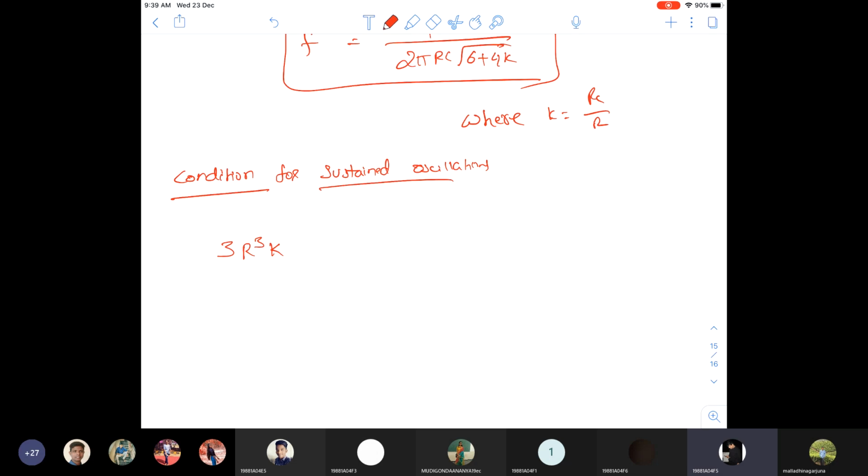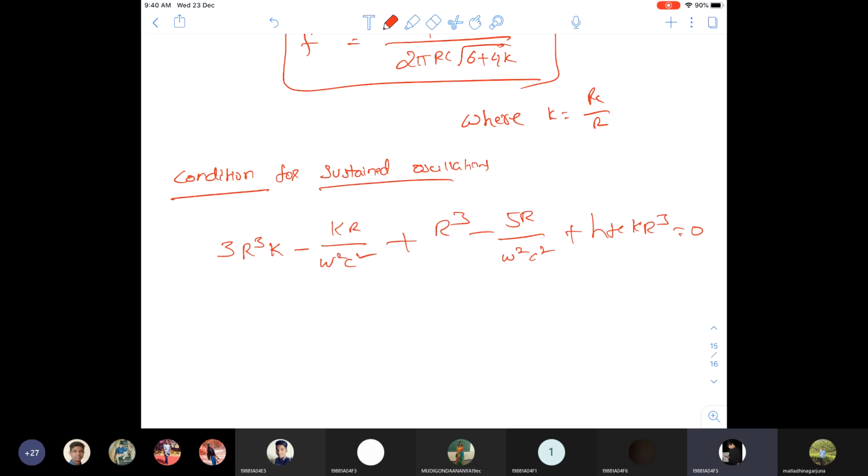Equation. 3r cube k minus kr by omega square c square, plus r cube, minus 5r by omega square c square, plus hfe into kr cube, equal to 0.